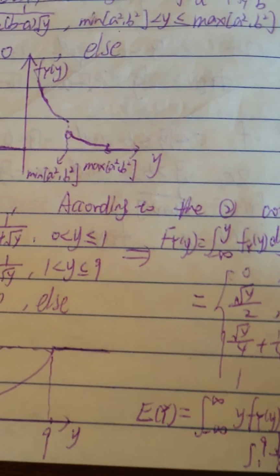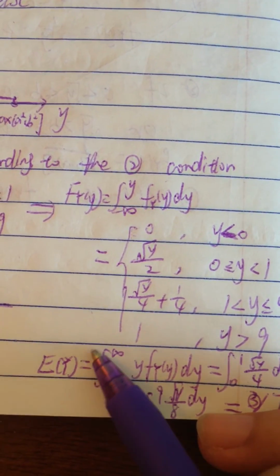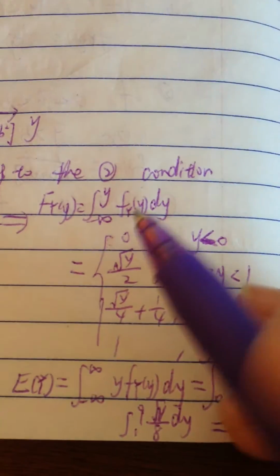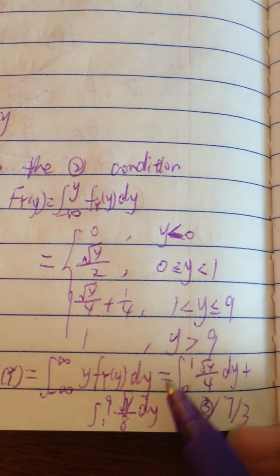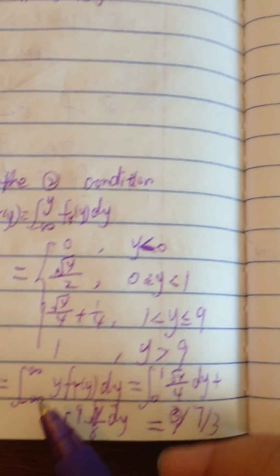Last, we have to find e of y. According to the definition, it equals the integral of y times fy of y times delta y, integrated from minus infinity to infinity.